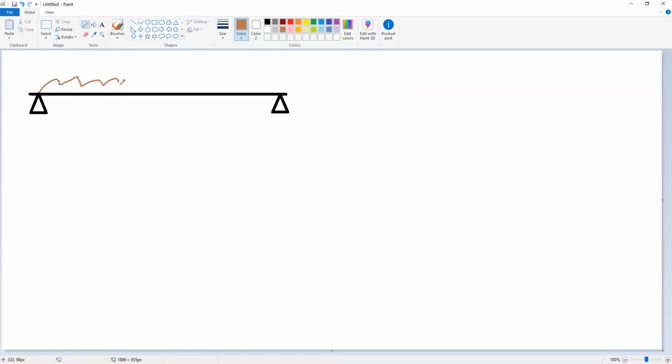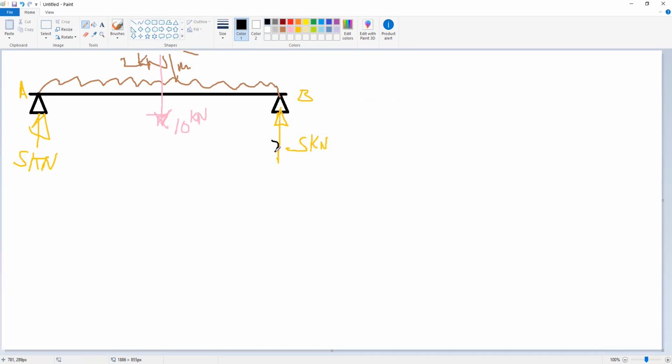The load was a uniform load, 2 kilonewton per meter, and we concentrate this load to be 10 at the middle, and we calculate the reaction. The reaction was 5 kilonewton at A, this point A, and this point B, and 5 kilonewton at B. And the distance between A and B was 5 meters.